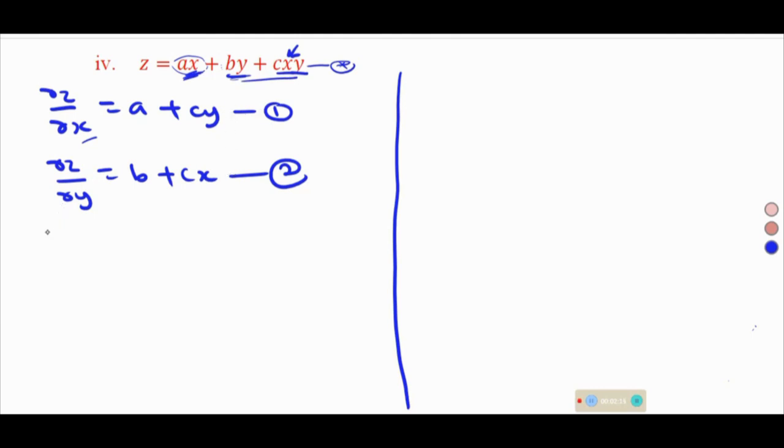So doing so, let us multiply equation 1 with x. From 1, I can say that x del z/del x is the same as ax plus cyx.